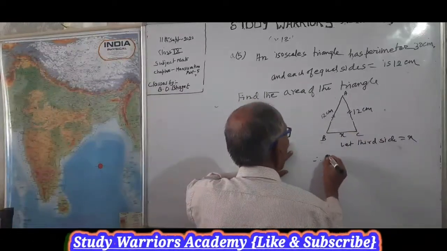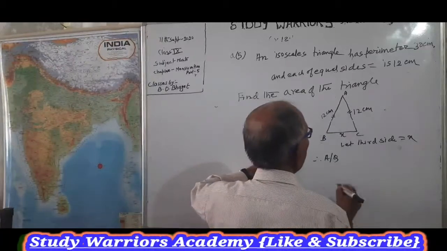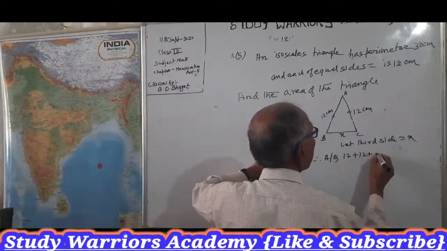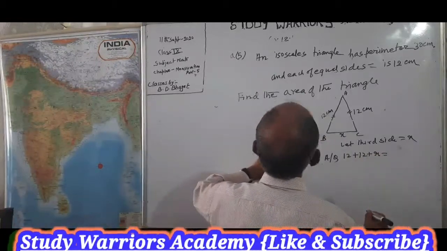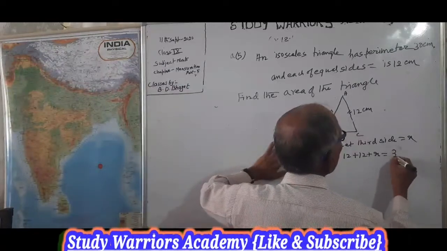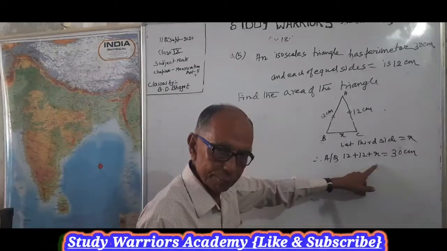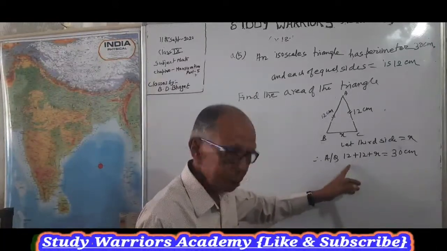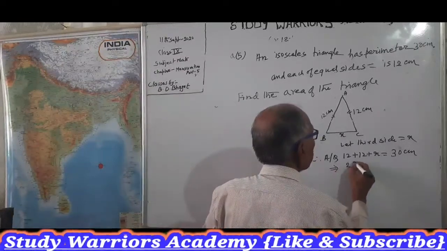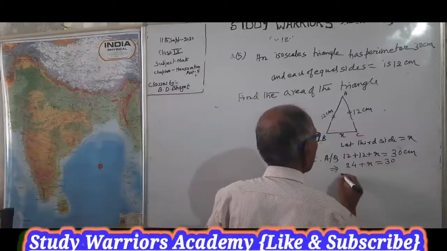Therefore, according to question, perimeter means sum of three sides: 12 plus 12 plus x is equal to perimeter 30 centimeter. Sum of three sides is called perimeter, but perimeter is given, so 24 plus x is equal to 30.